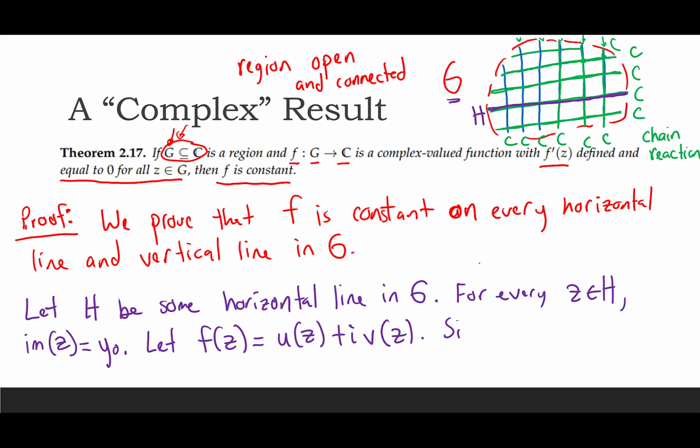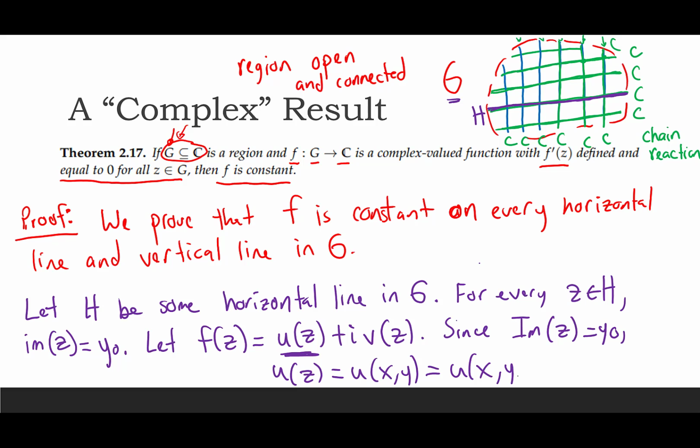Now, since the imaginary part of z is always equal to y naught, we can think about the real part, u of z, which we can also think about as u of x comma y. This is really just u of x comma y naught.